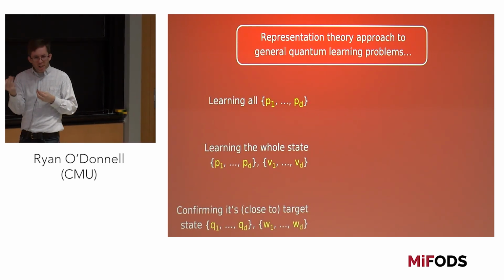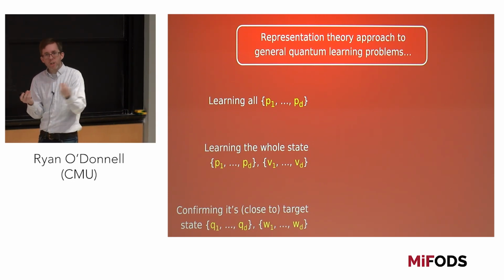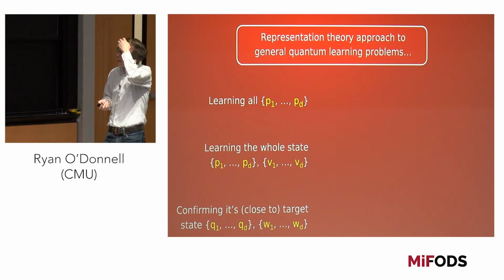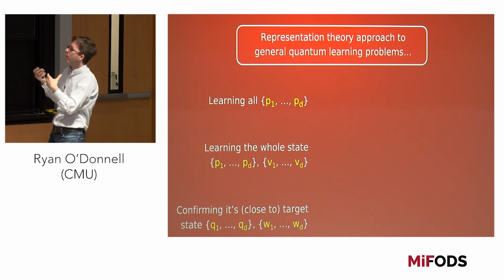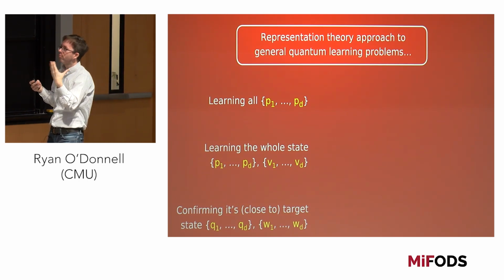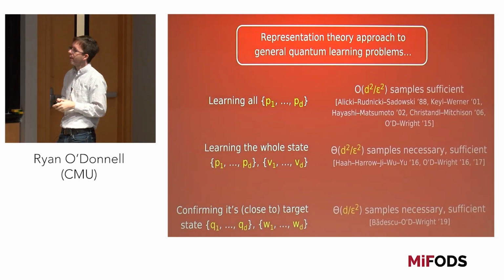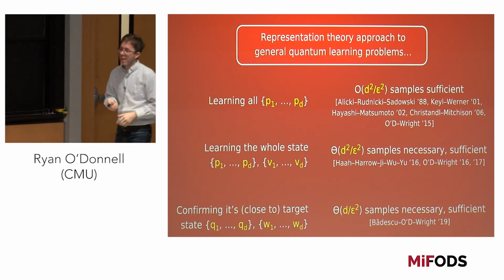Or you might have a target state that you think this unknown state is supposed to be, and you want to measure how close the unknown state is to your target state. And again, there are results showing algorithms that use this group representation approach to solve these problems. And in many cases, they're tight, and in some cases, they're proven by Aram.